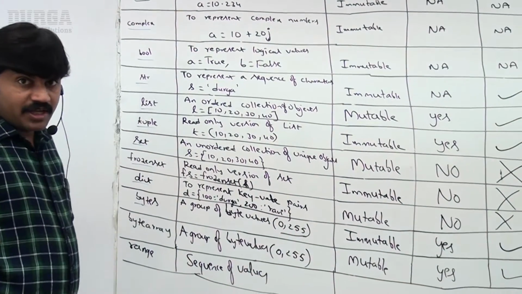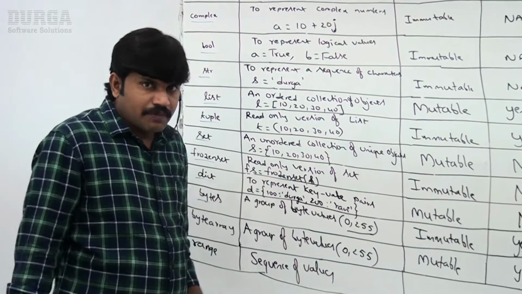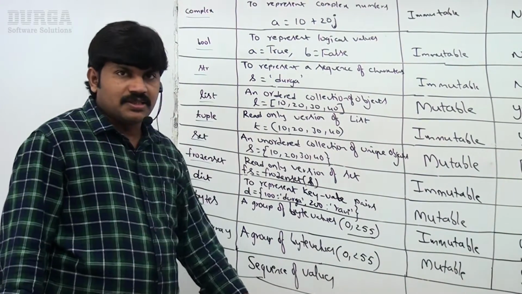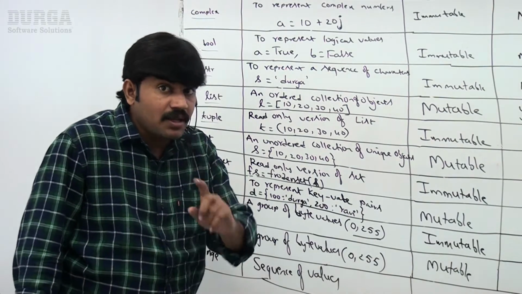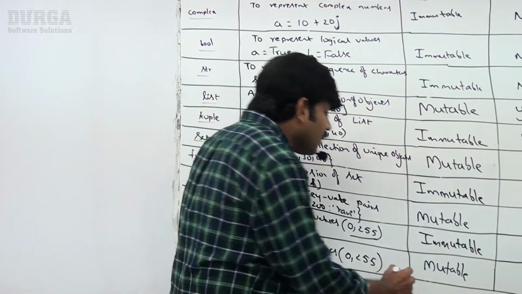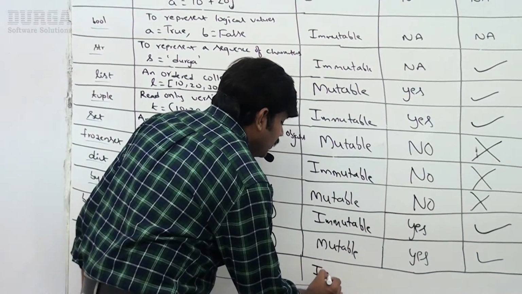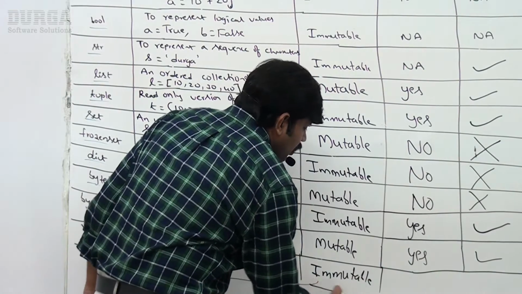Remember that very carefully. Is range mutable or immutable? Immutable. In the middle, you can't add something or replace something, so range itself is immutable. Observe very carefully.